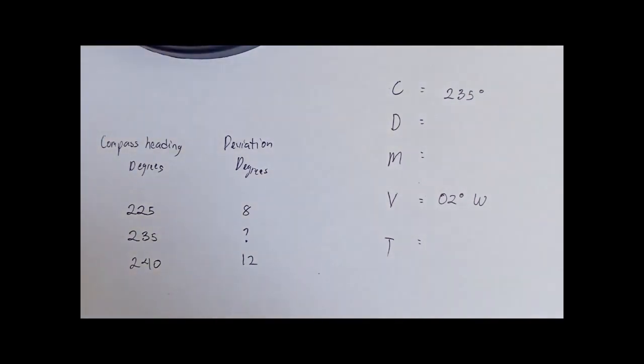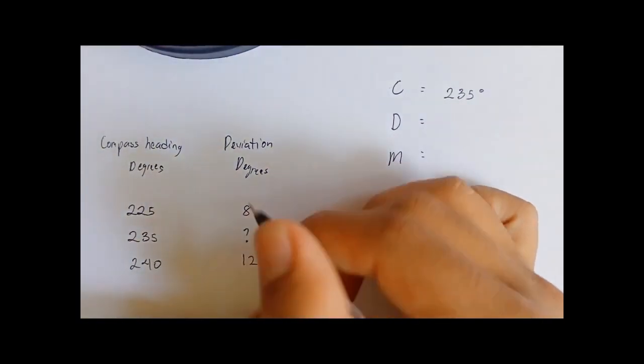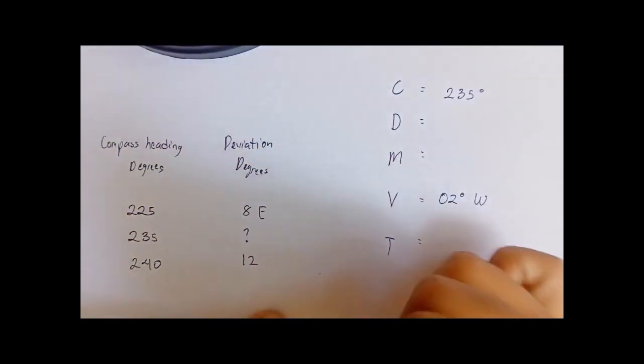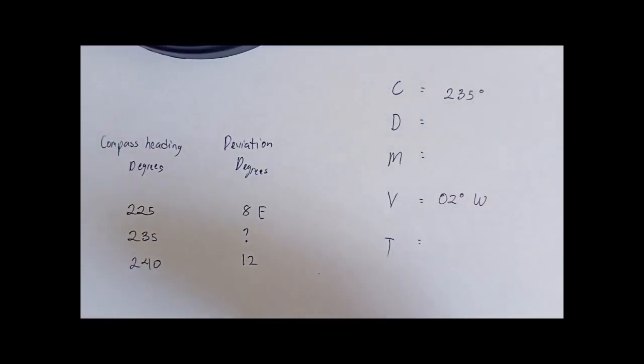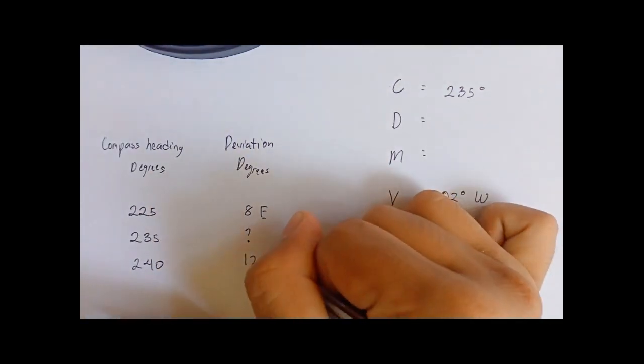So now we can get those two and their deviation degrees. 225 degrees compass heading has a deviation of 8 east, and the second one, 240 degrees compass heading, has a deviation of 12 east.